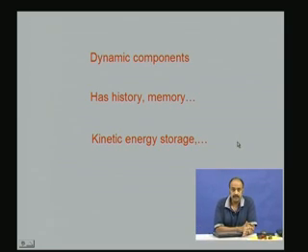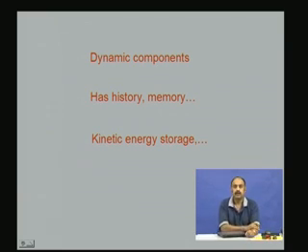And like in the case of capacitors, inductors are also dynamic components, meaning they can store the state. In this case, the flow would be the current, and it can have a memory. Like the capacitor had voltage as the memory, it can have current as the memory or the history. So, it can remember the current as a state variable, and it stores of course the kinetic energy.